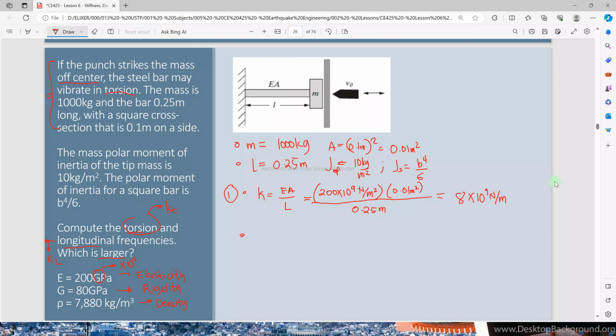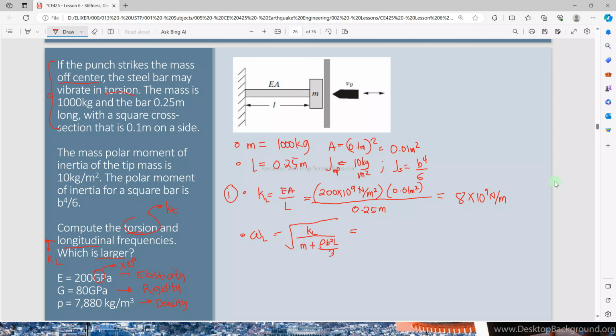Next, the natural frequency. Its natural frequency, let's say this is omega L, is equal to the square root of the axial or longitudinal stiffness K L over the mass plus rho b squared L over 3.